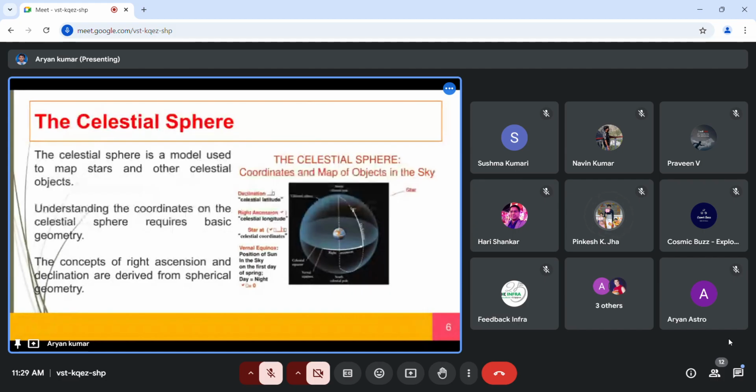So this is the concept we discussed earlier, in the geometry part, and the picture is also somewhat similar to what we were discussing.